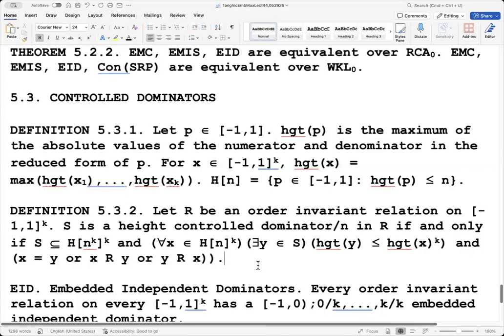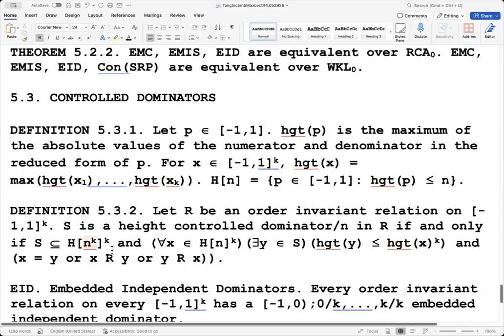Okay. So let S be a height-controlled dominator sub n in R. First of all, I have to say that S is just made up of stuff that's not too high up in height. And it's K-tuples, but there's also a K here that I use for arithmetic. Maybe I don't want to use these two Ks, they're confusing.